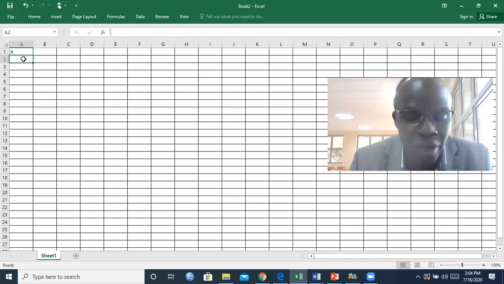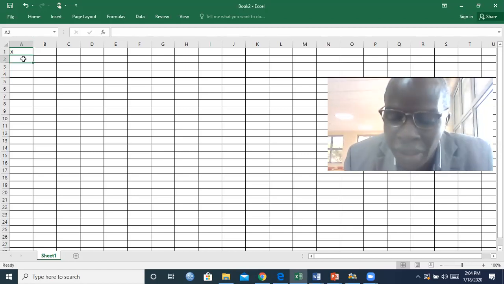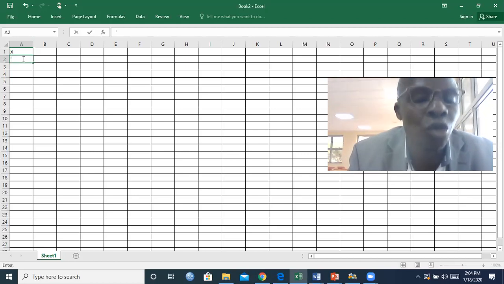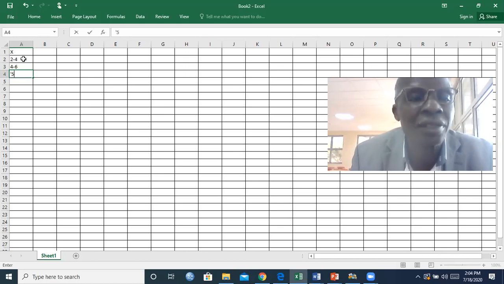I'm going to take very simple numbers here. Suppose these defaults are grouped as 2 to 4, then 4 to 6, then 6 to 8, and lastly 8 to 10.